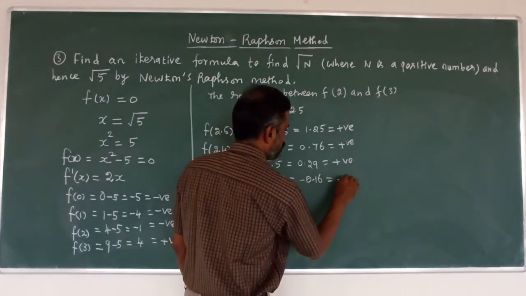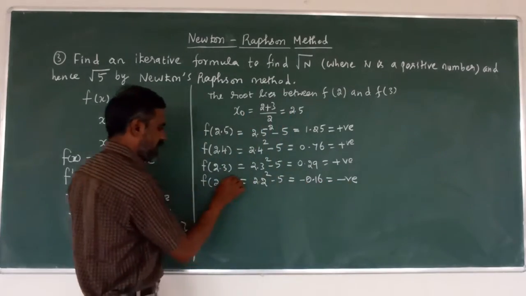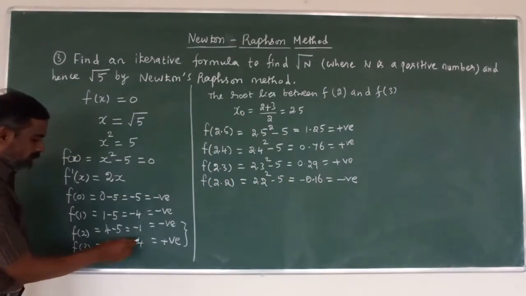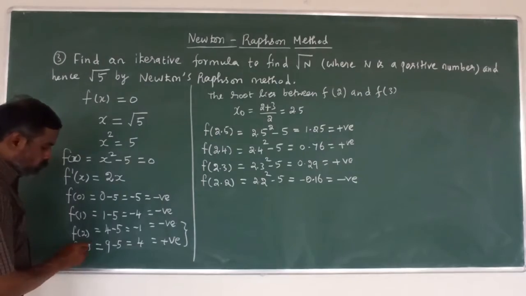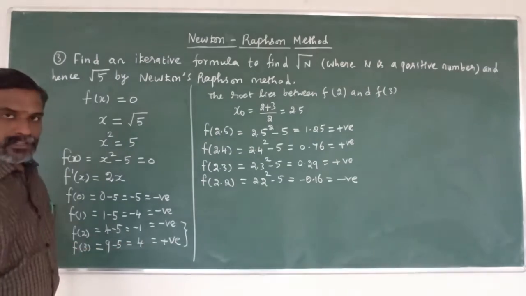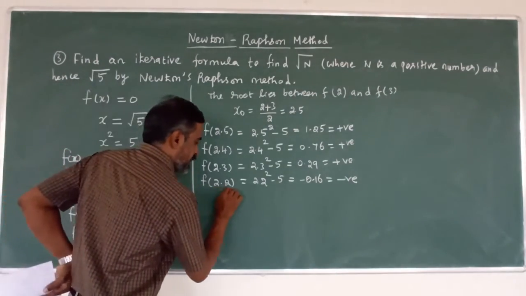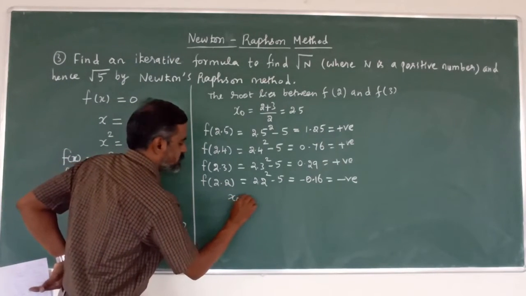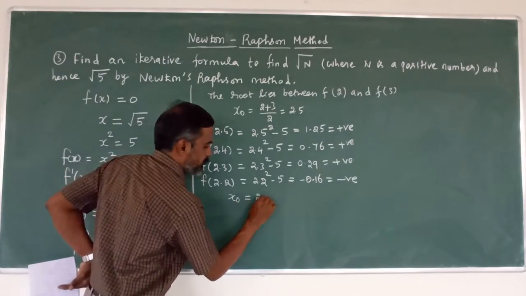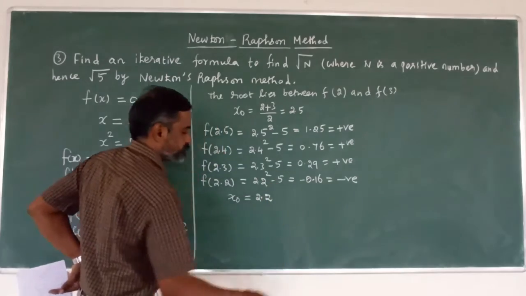This is a negative value, very close to the positive value. So we can take this as the x naught value. X naught equal to 2.2.